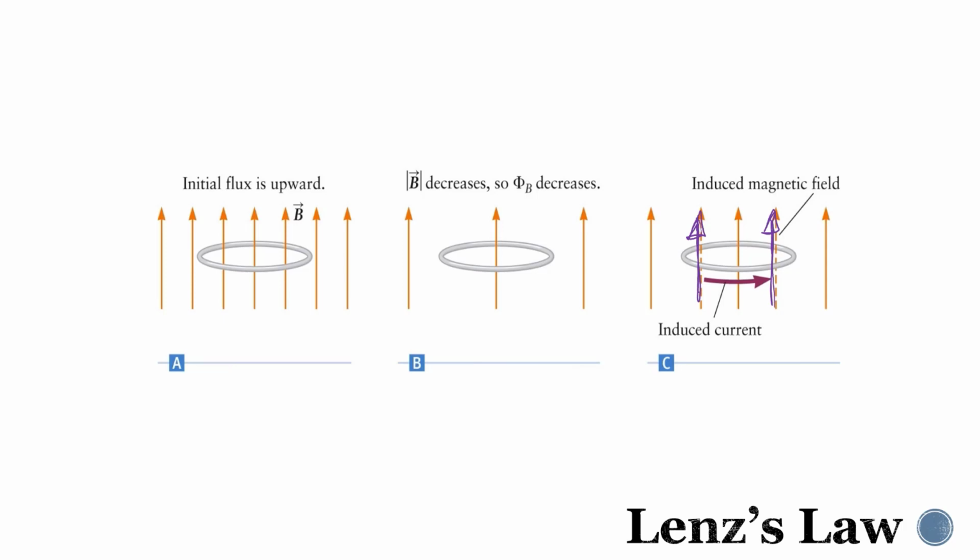It's opposing the change. So if I want upwardly directed magnetic field, then the current's going to go around the loop this way, and that induced current is opposing the change in the flux. So the EMF that gives us the current is opposing the change in the flux.